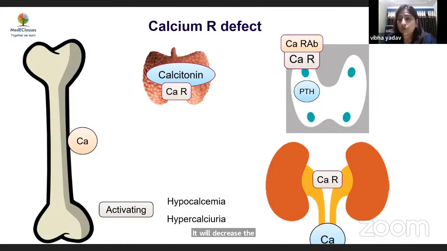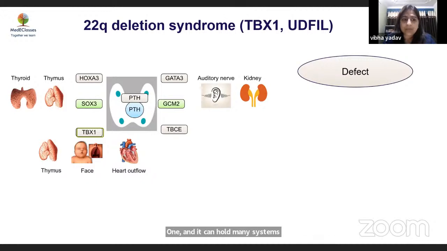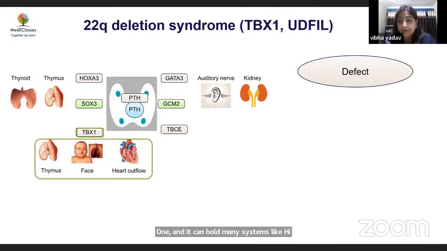There will be high phosphorus. Now, coming to the 22 deletion syndrome, this was mentioned in the first case by the sir. It is caused by a defect in the gene TBX1, and it involves many systems like the thymus, anatomical defects of the face, and anatomical defects of the outflow of the heart.